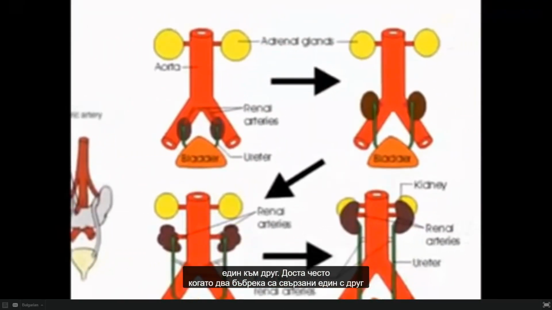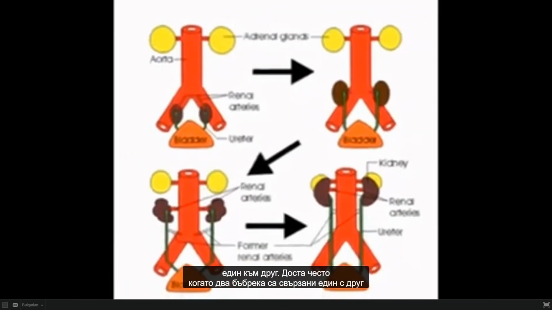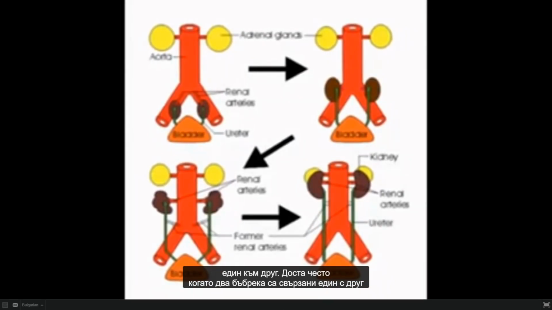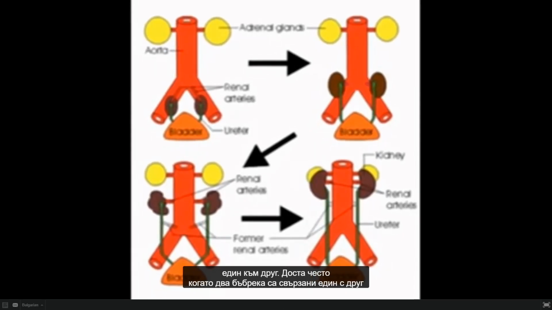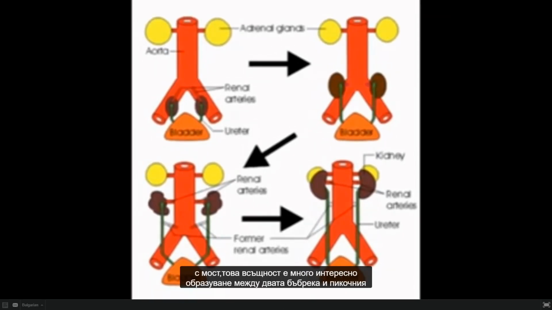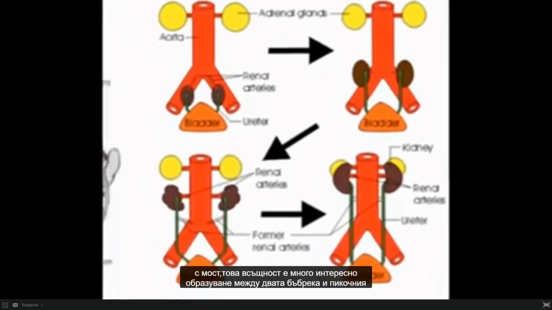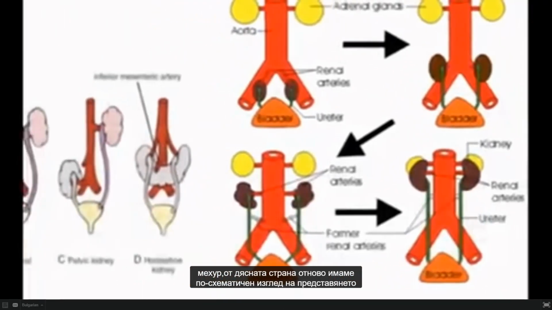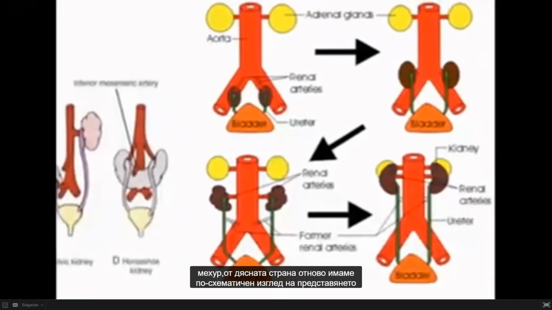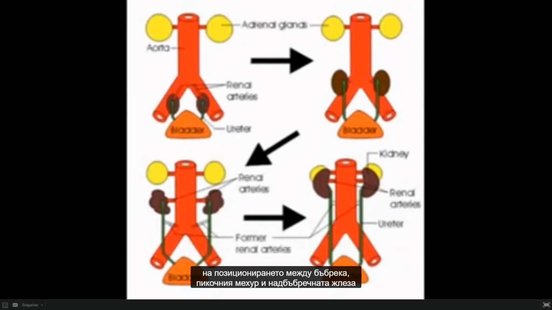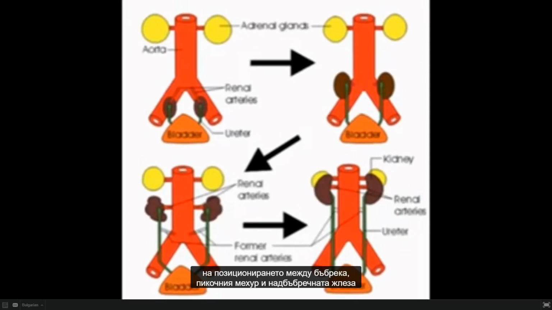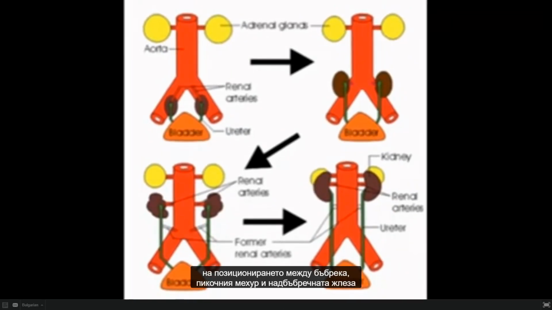So common is when two kidneys are connected to each other with a bridge. This is actually a so interesting formation between two kidneys and bladder. On the right side, it is again a more schematic view of representation of the positioning between the kidney, bladder, and the renal gland.